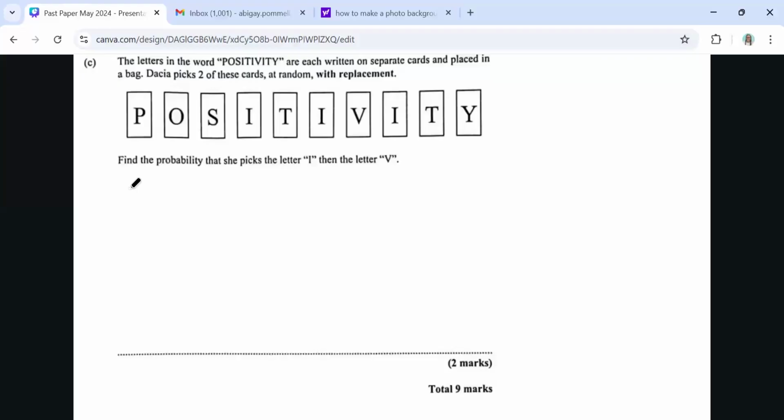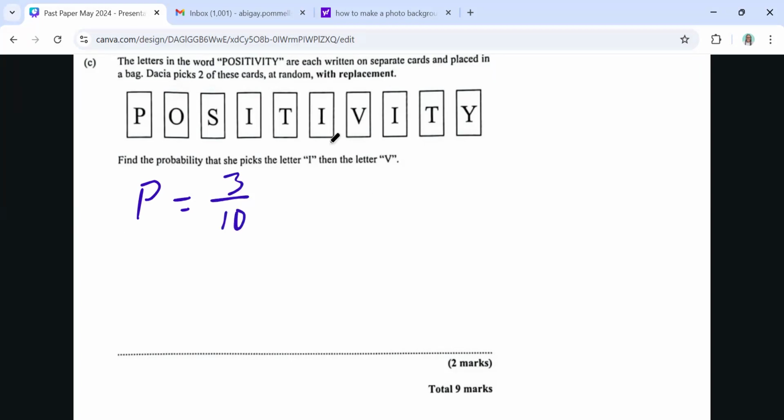Find the probability that she picks the letter I, then V. Let us see how many cards. 1, 2, 3, 4, 5, 6, 7, 8, 9, 10. Right? So that is out of 10. And she picked I first. How many I's are there? 1, 2, 3. So that is 3 out of 10.